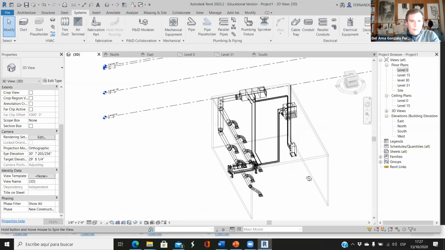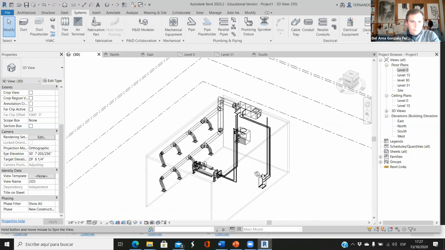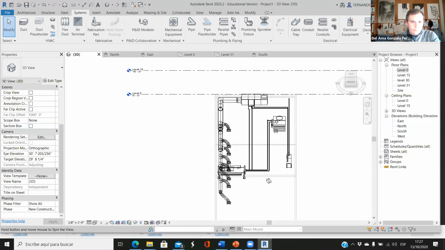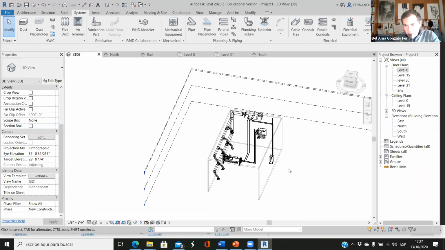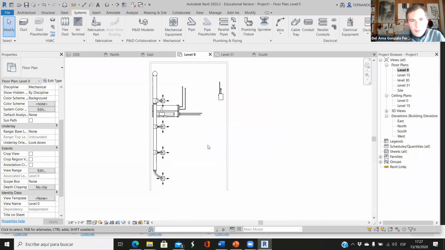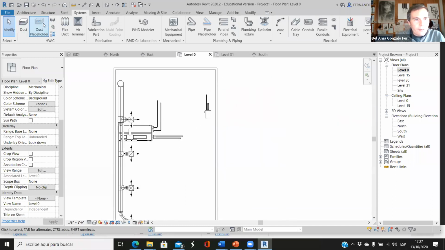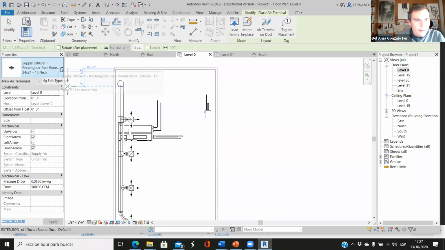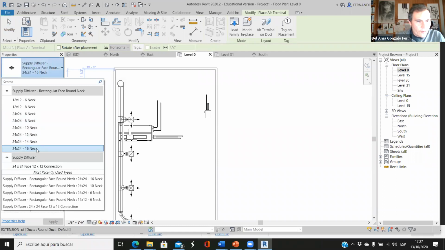And now we have to do the same with the return. Okay, I think we have time, so let's do it. Go to level 0. I'm going to use air terminals, but now I have to use return diffusers. Oh, they are not here.